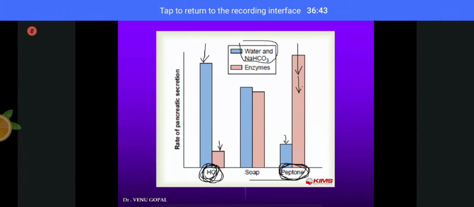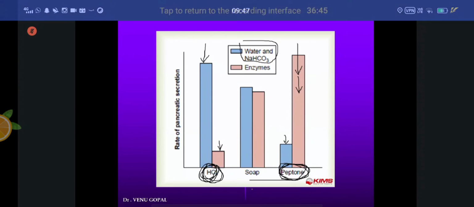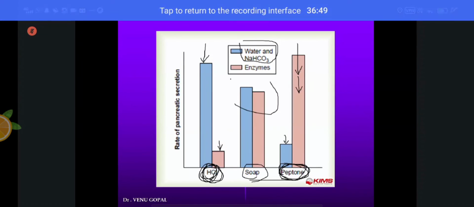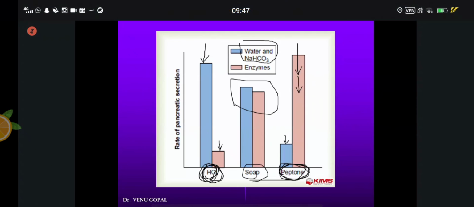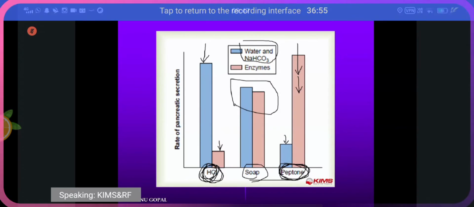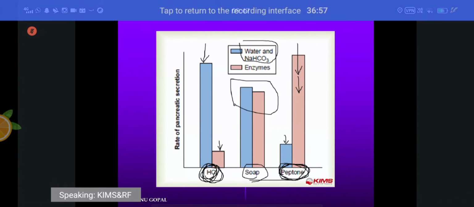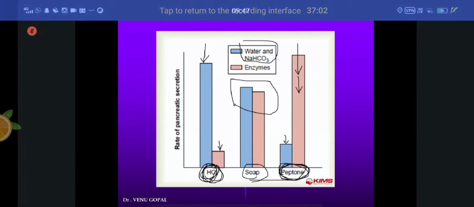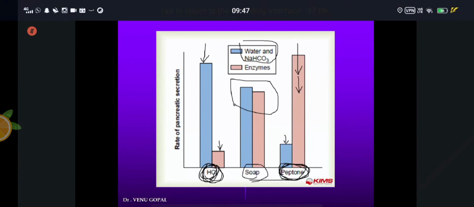This is a picture from again Guyton. If it is a mixture, it means alkaline content is given to the duodenum. Is it okay? So it looks so easy to remember, to go through and to represent onto the paper.